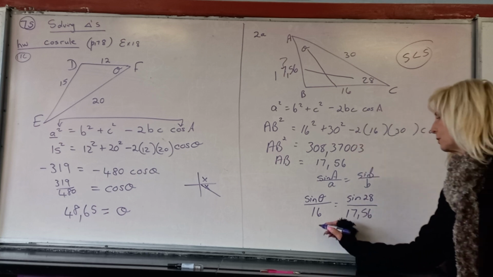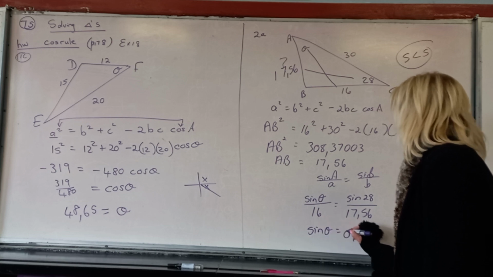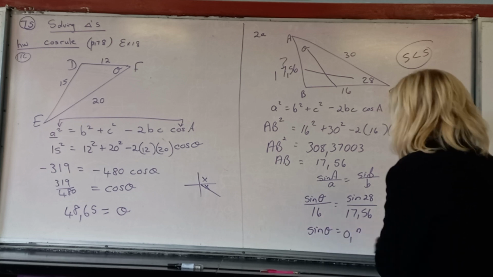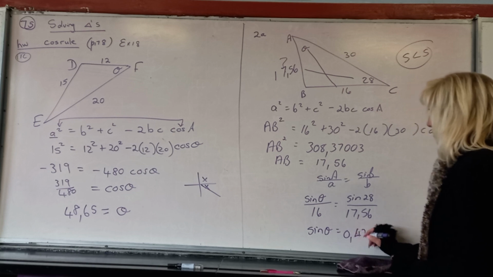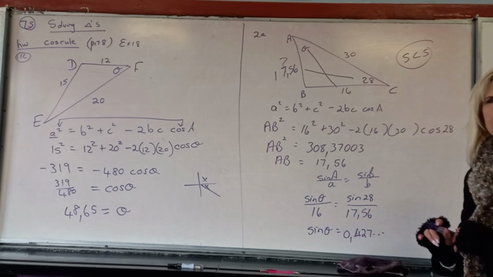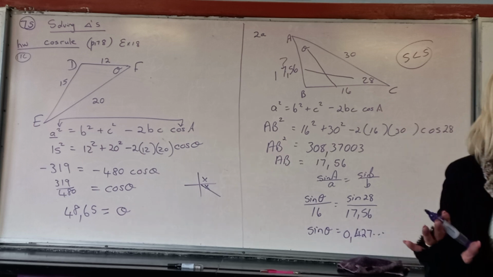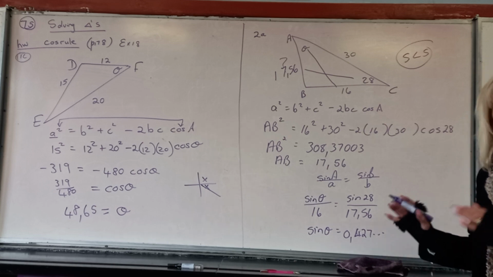So then this answer would mean I've got sin theta equals 0,427. Just don't round off. And then is it going to be an ambiguous case? Please don't think about it too much. It is going to be just a normal one.